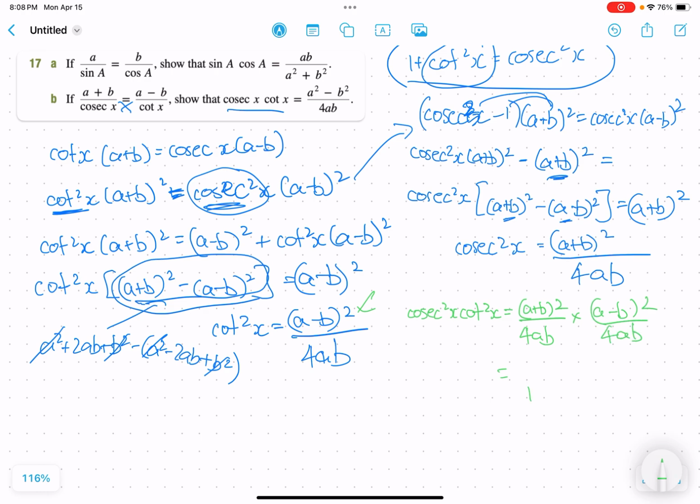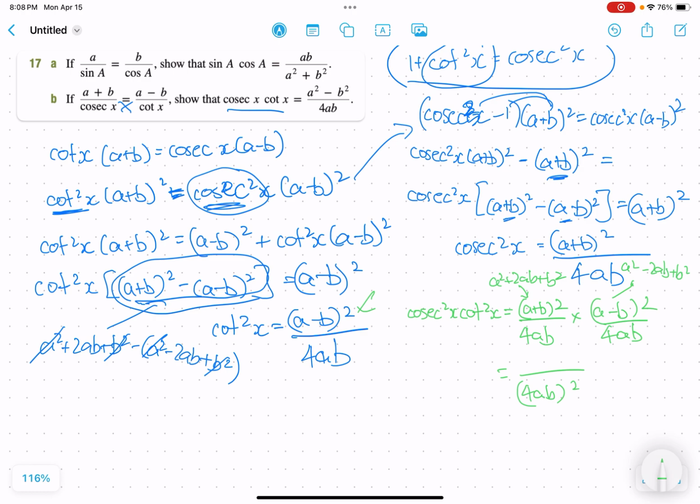So on the bottom you can see we've got 4ab all squared, and on the top we don't. So on the top we've got a squared, 2ab and b squared, and this one we've got a squared minus 2ab and b squared.